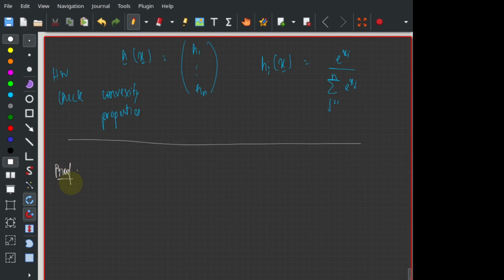Okay, so again, what we want to show is that f of theta x1 plus 1 minus theta x2 is less than or equal to theta times f of x1 plus 1 minus theta times f of x2. But this is equal to g of h of theta x1 plus 1 minus theta x2.